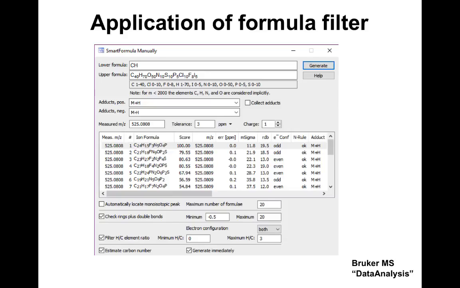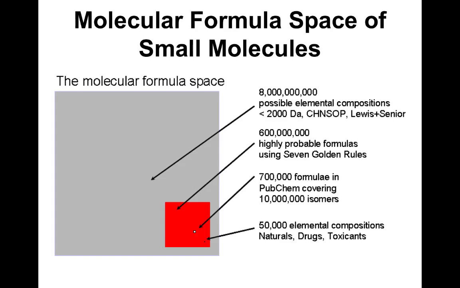So these formula filters are also available in commercial packages. Bruker can also provide that sort of formula filter, Thermo, I'm sure, and others. This is a scale of what's possible if you limit things to all compounds less than 2,000 Daltons with carbon, hydrogen, nitrogen, sulfur, oxygen, and phosphorus.